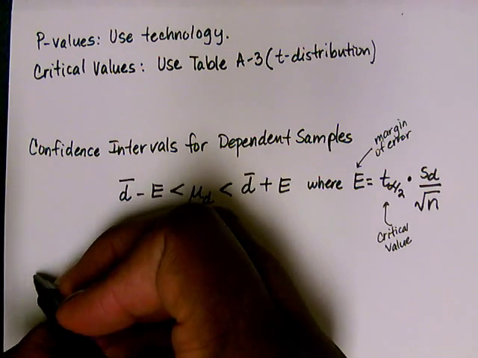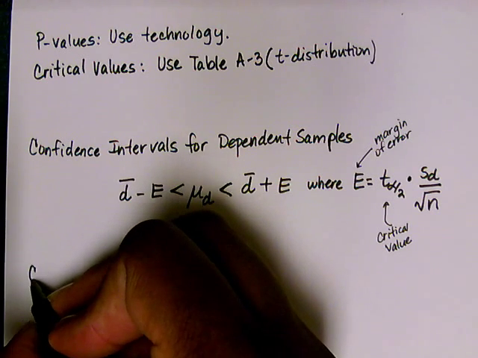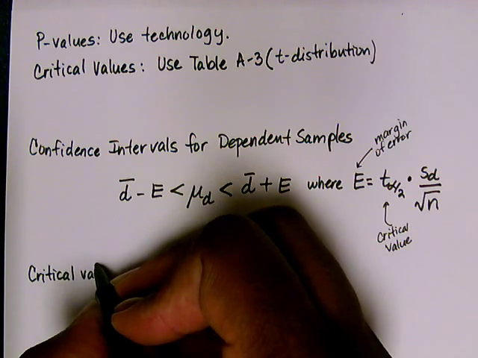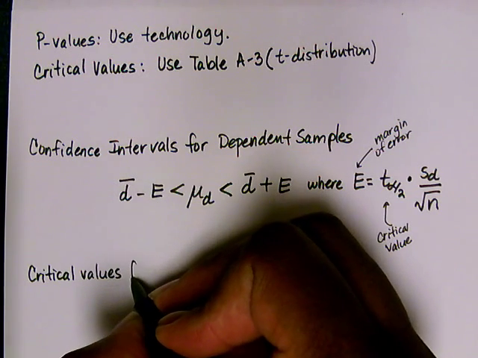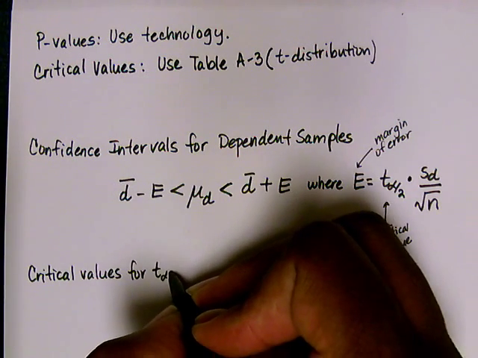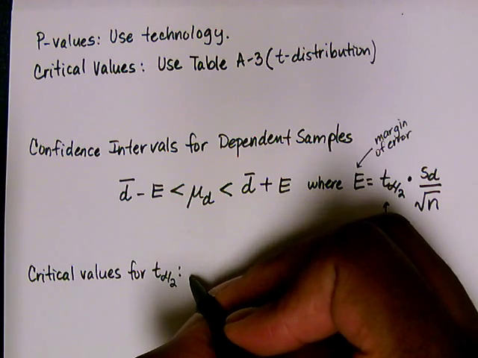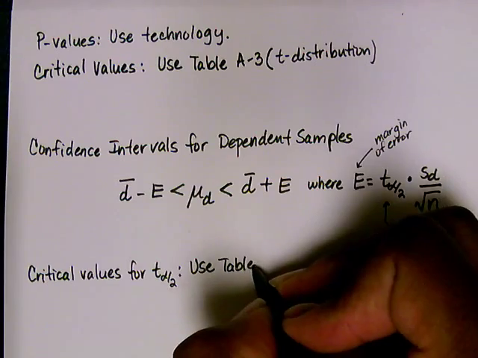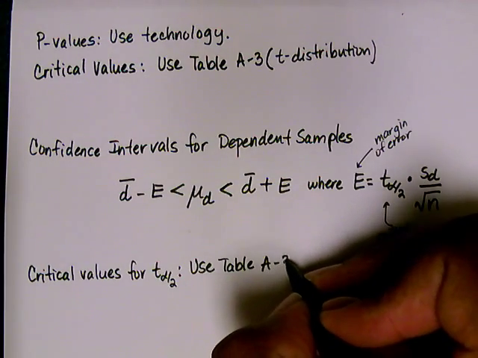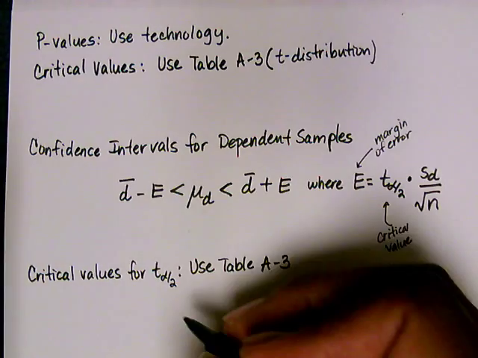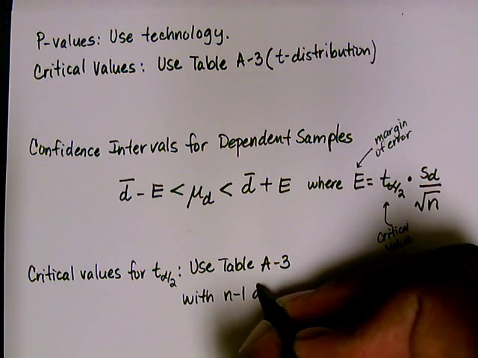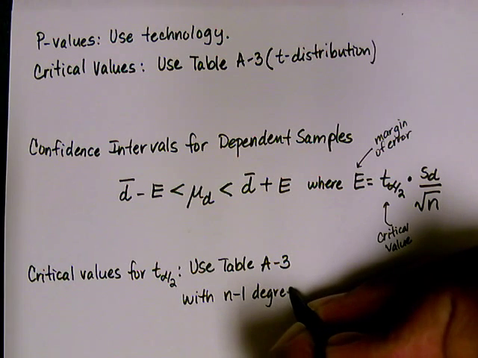So to find your critical values for t of alpha over 2, you can use table A-3, and you're going to use that table with n minus 1 degrees of freedom.